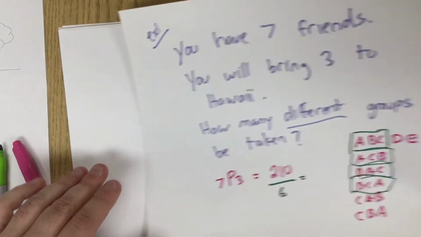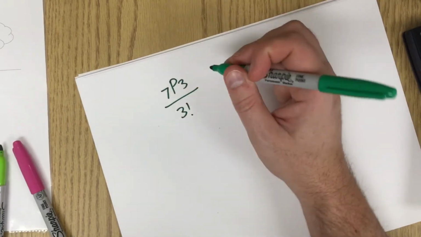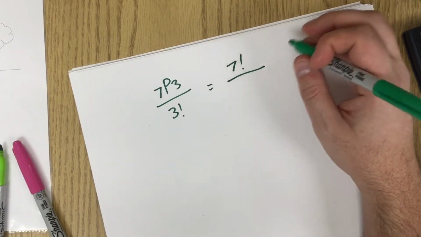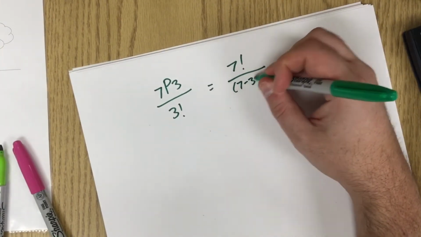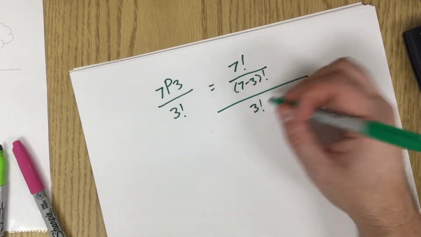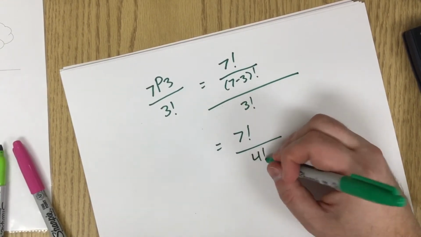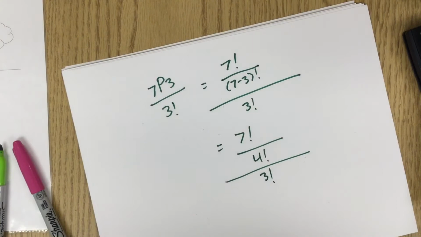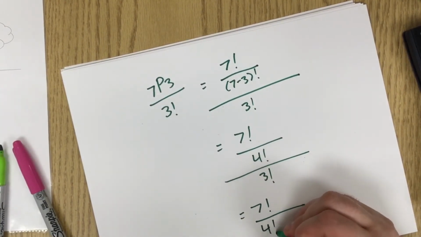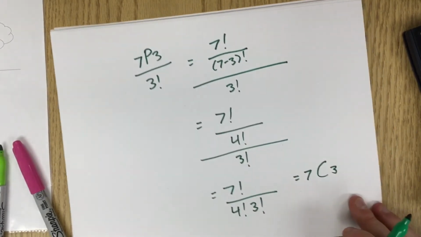And 7 pick 3 over 3 factorial is the same thing as 7 factorial over 7 minus 3 factorial, all over 3 factorial, which is 7 factorial over 4 factorial, all over 3 factorial. And if you do the algebra, this becomes 7 factorial over 4 factorial, 3 factorial, which is just 7 choose 3.